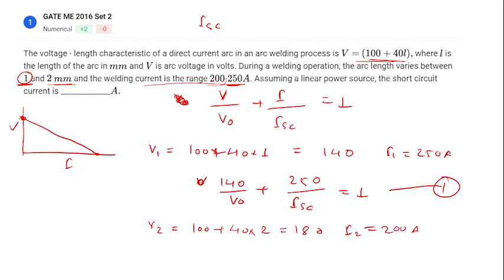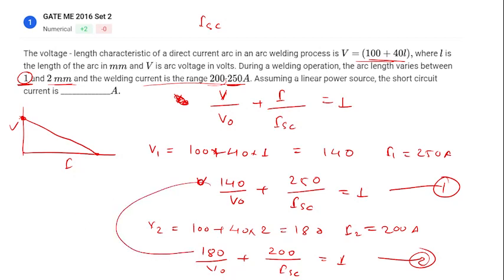So now we will be able to form our second equation: 180 divided by V0 plus 200 divided by I short circuit is equals to 1, equation 2. So now we have two unknowns in two equations. We can easily solve these two equations, and when you solve them, your I short circuit will come as 425.